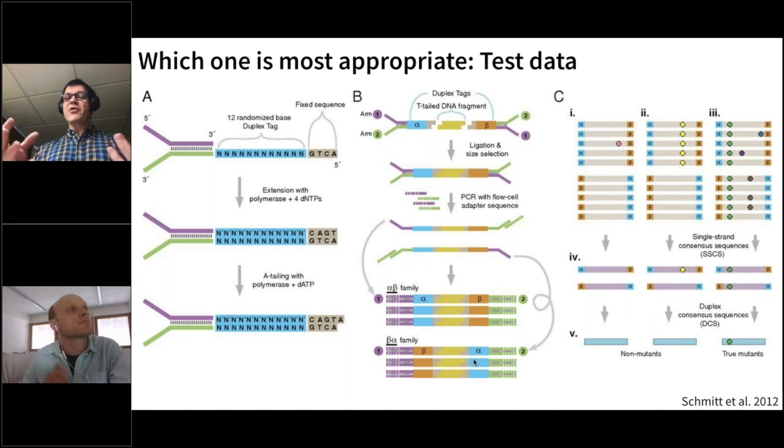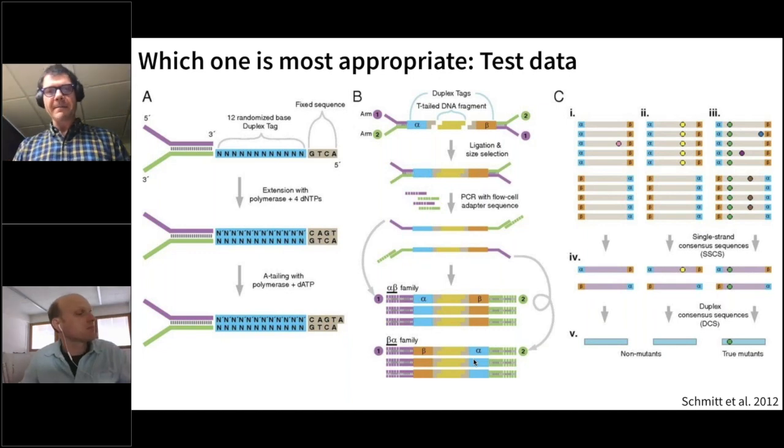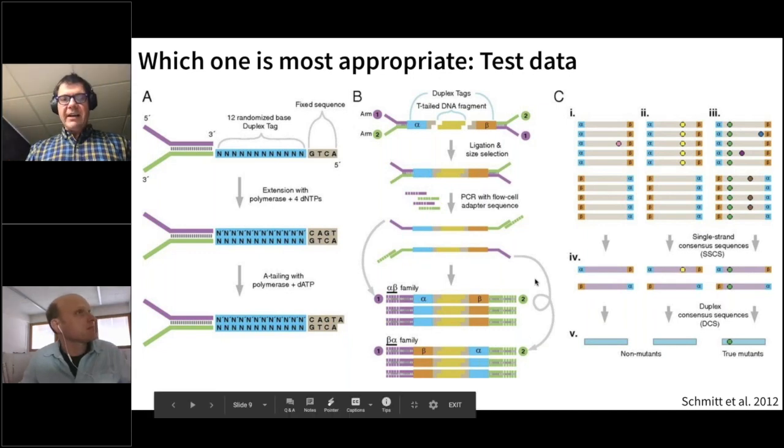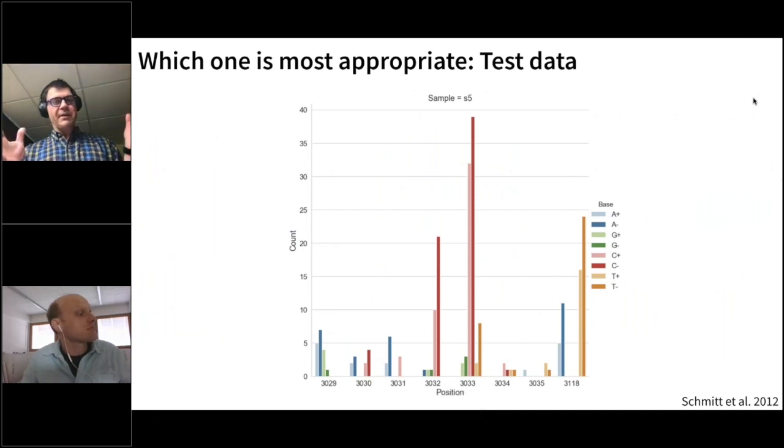It's a good methodology when you're looking for variants which are below 1% frequency level, and with high enough coverage, you can get much lower than 1%.